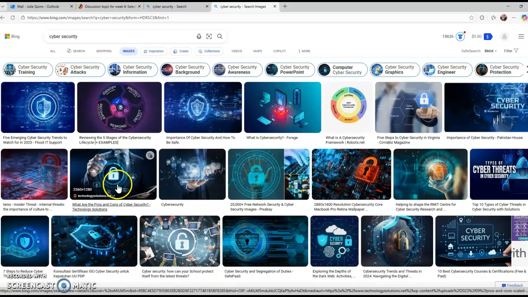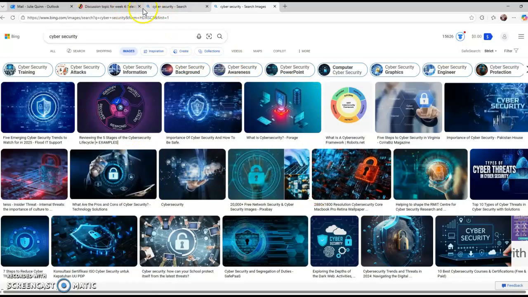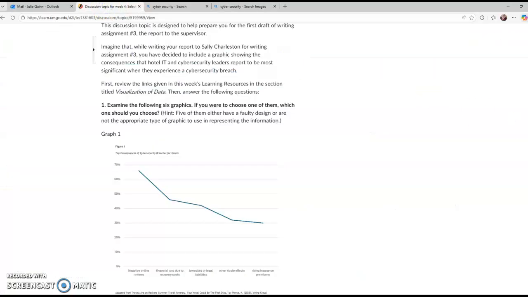So I'm going to strongly recommend that students shy away from these artistic style images and move toward very specific data-driven images. Now, with the charts and graphs that we've got here in the discussion, this first one I would not use. We've got the two axes here, and the vertical one starts at 0%, which is good.